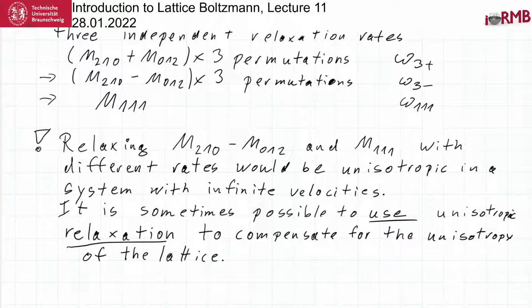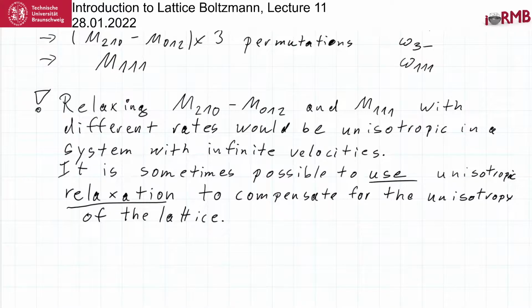Because the third order moments on the lattice are already anisotropic, we can adjust the relaxation rates of these anisotropic moments in order to cancel this anisotropy. But this is a very advanced topic. I just wanted to mention that this is a possibility, and because of this, we allow different relaxation rates for these different moments.